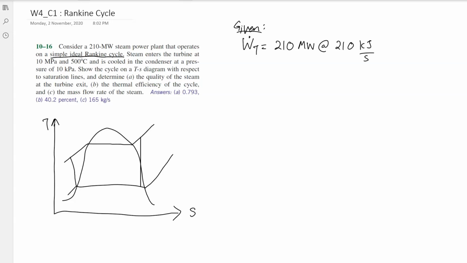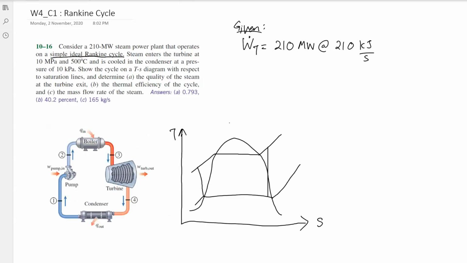So I'm going to print screen from your textbook. Represented on the left-hand side is the schematic diagram that we have, right? Regarding your simple ideal Rankine cycle. So now we are going to label this TS diagram according to this schematic diagram.